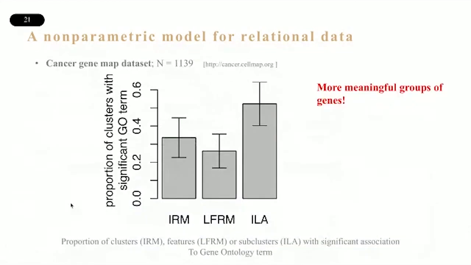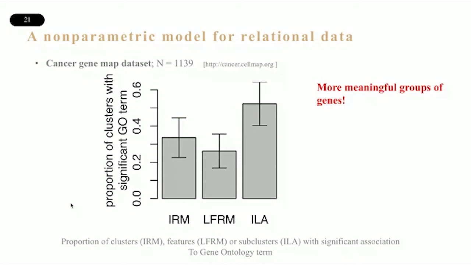Even more interesting is the application of the model to a bigger data set of almost 1,000 human genes. We found that our model found a more meaningful grouping of genes. We looked at the groups found by the different models and at the members of each subcluster in our model, and we saw that it assigns genes to clusters that are more closely related, in the sense that they are involved in the same biological process.